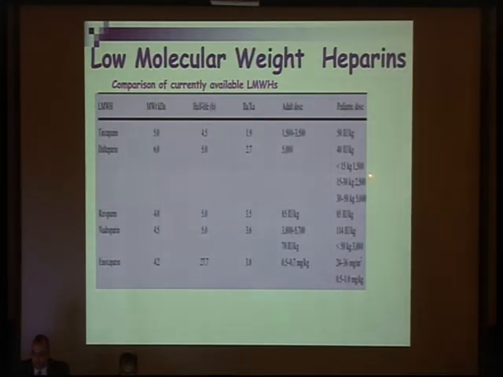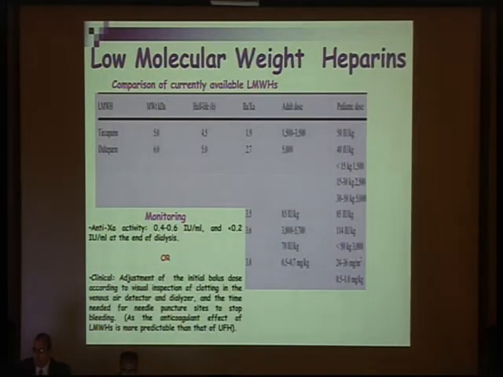For example, tinzaparin is 50 international units per kg, and enoxaparin is from 0.5 to 1 milligram per kg. This is monitored by anti-factor Xa activity and clinical adjustment of the initial dose according to visual inspection of clotting in the venous air detector and dialyzer, which is important.